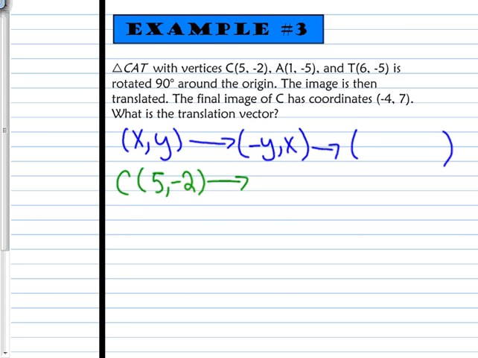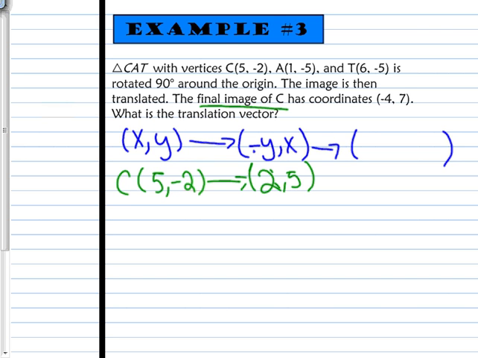And the reason I'm talking about C specifically is because the question talks about the final image of C. So I probably don't even need points A and T right now because it's only asking me about C. So C is 5, -2, and when we rotate it 90 degrees, the -2 and the 5 change places, okay? But then I have to apply this negative sign right here. Well, I already have a negative sign, so when I apply a negative sign to a negative sign, the negative sign goes away.